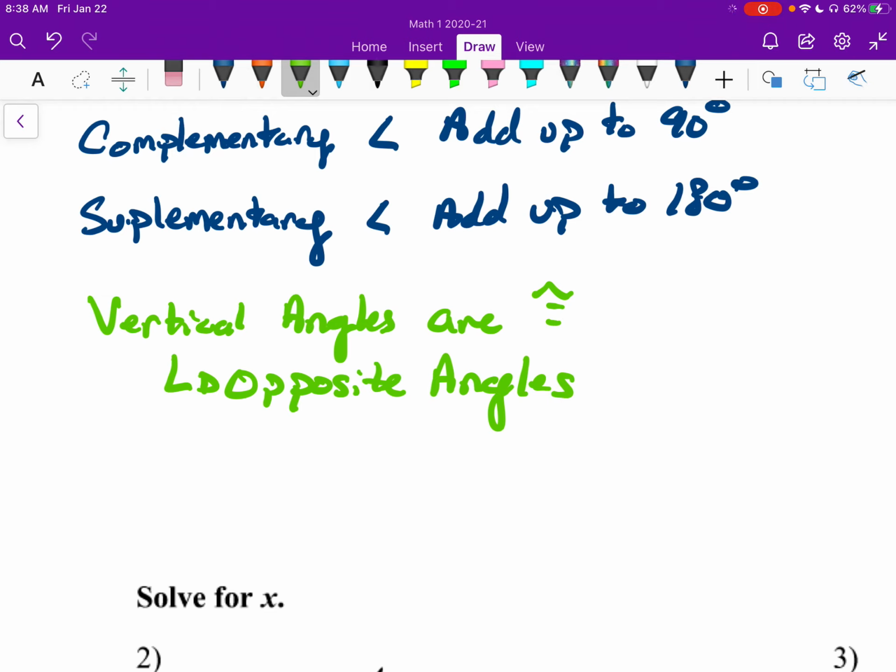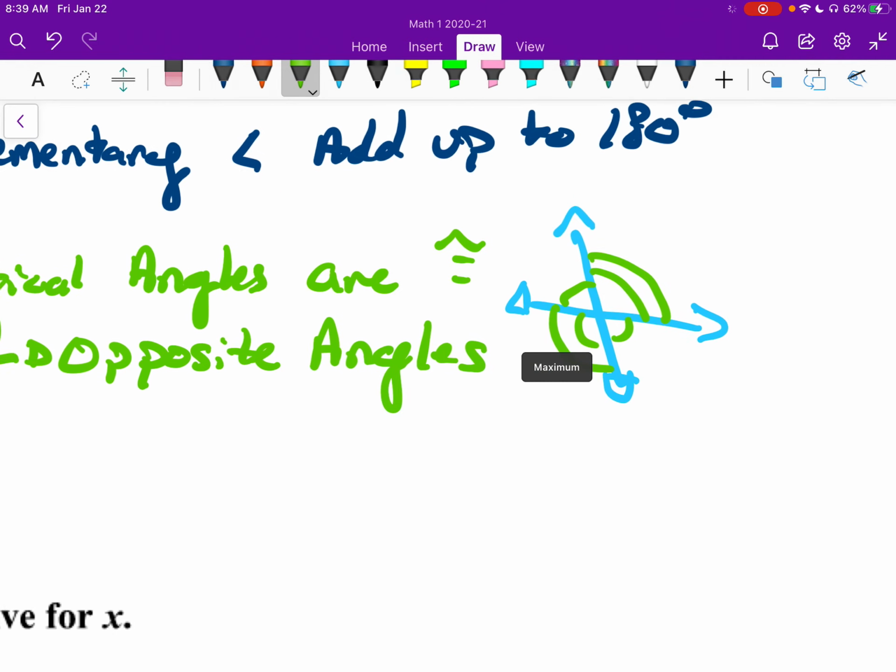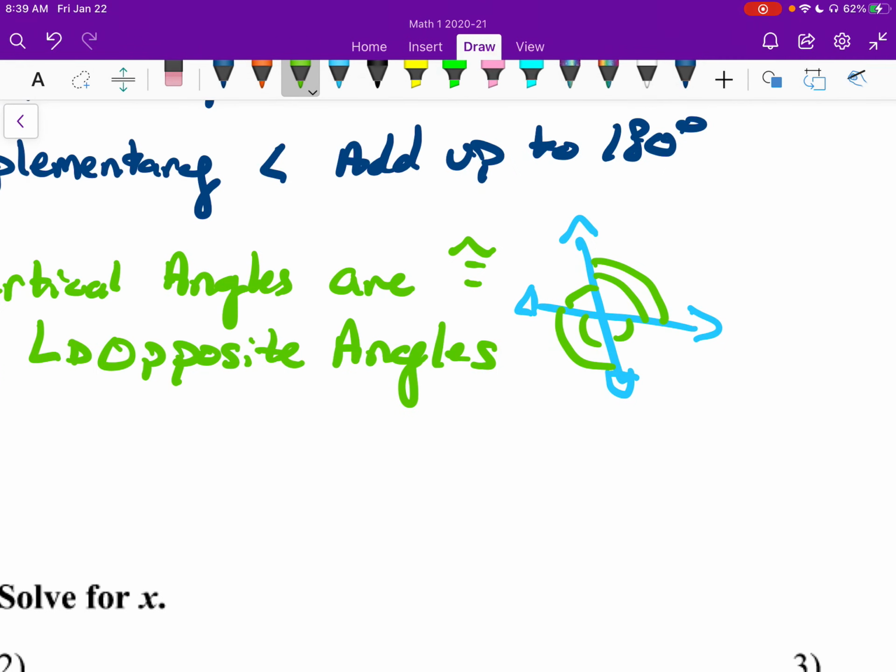If we were to draw that on a paper, just 2 little lines intersecting, then this and this would be vertical angles. You could also say this guy and this guy are vertical angles, right? And I don't know if I've gone over this yet, but this is how we mark angles as being congruent. Those 2 swoops there mean the 2 angles are congruent, okay?